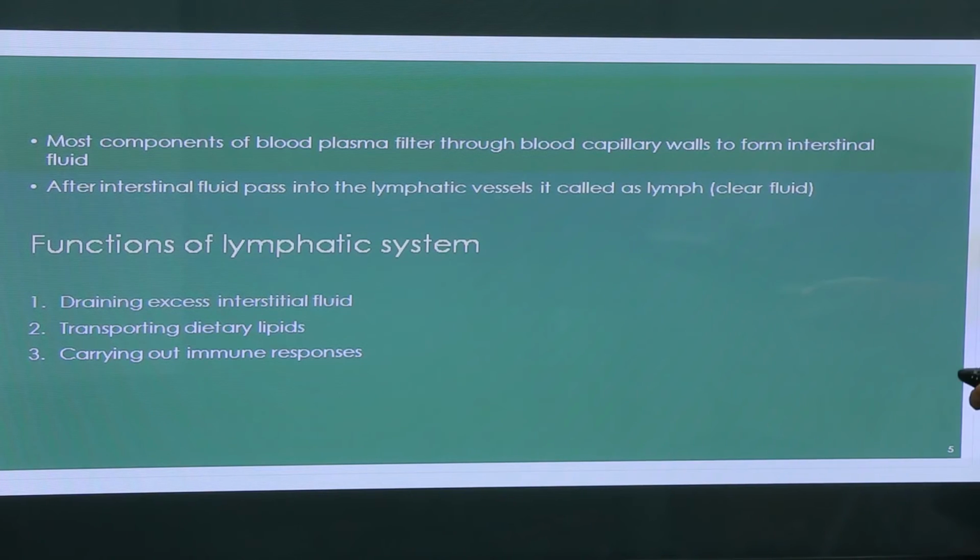Most components of blood plasma filter through blood capillary walls to form interstitial fluid. After interstitial fluid passes into the lymphatic vessel, it is called lymph, which is a clear fluid devoid of blood cells.